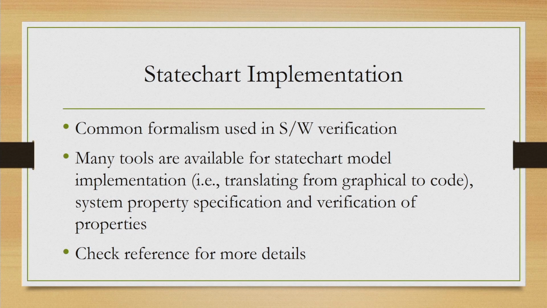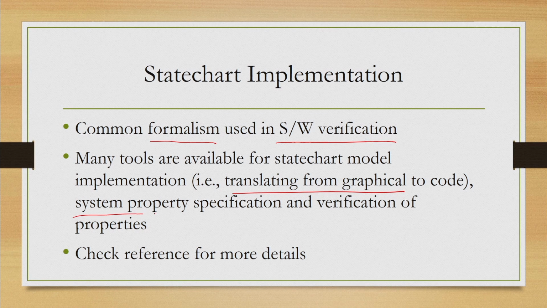So, there are tools to do that. In fact, state chart notation is a very common formalism used in software property verification, and accordingly there are many tools available for model specification or model implementation. That means translating the graphical representation to a code form, program form.